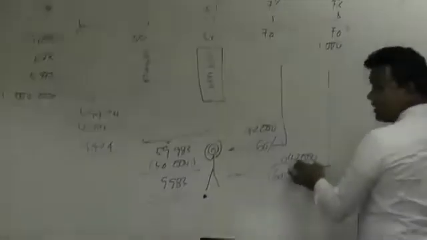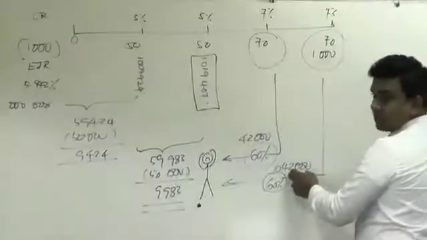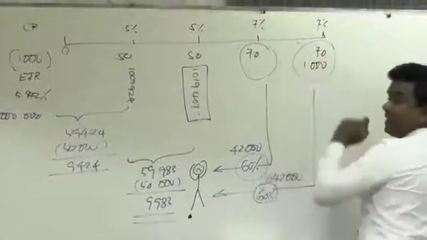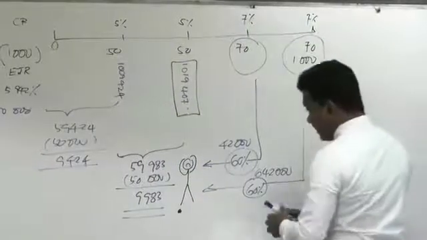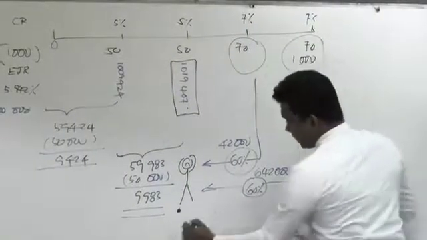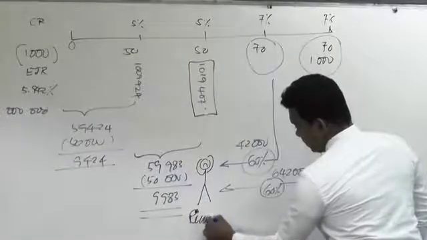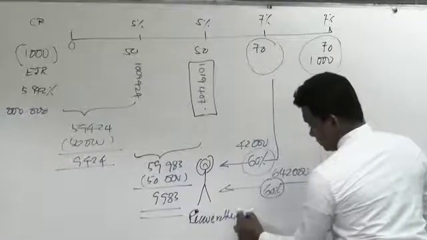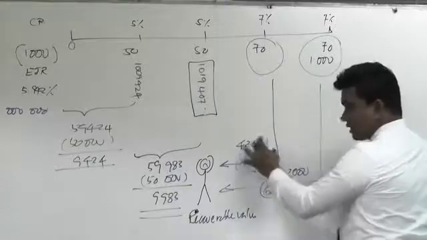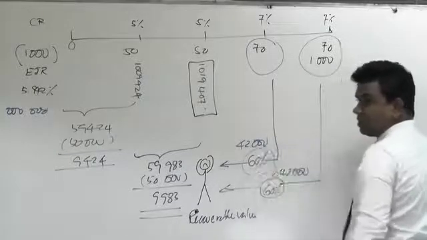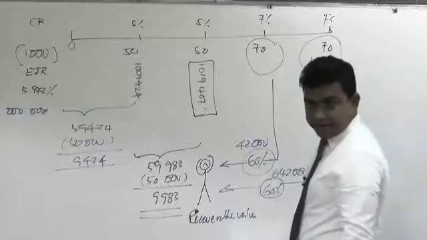Now you will be able to collect from next year 42,000 and in the last year 642,000, including both the capital and interest, right? Now to calculate the recoverable value, it will be the present value of these two. Discount these two values using the effective interest rate.